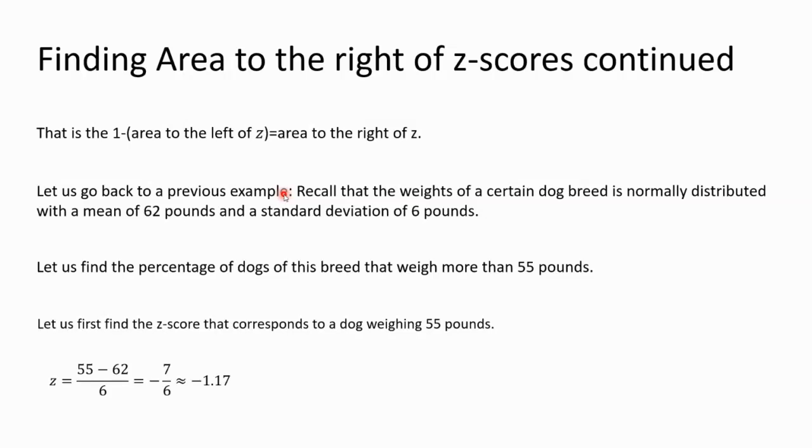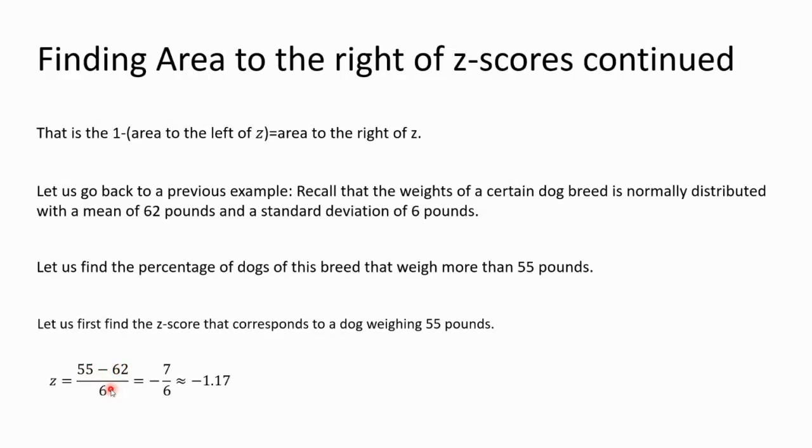Okay, well, let's first get the Z value. I know we can use Desmos, but the Z value is something you should know how to work with. So with the Z value for 55, again, it's just like before, right? Subtract off the mean, divide by the standard deviation.